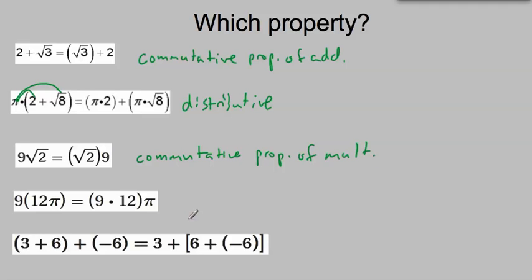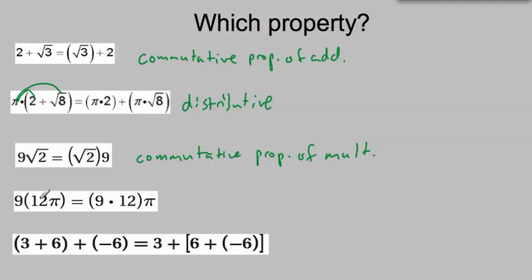multiplication. And here, let's be careful, folks. This is where I wanted you to be careful. If I have 9 times 12 pi, and it equals 9 times 12 pi, don't you dare say distribution. Folks, this is associative. I kept the same order, 9 and 12 and pi, 9 and 12 and pi. I just changed where the parentheses were located at.